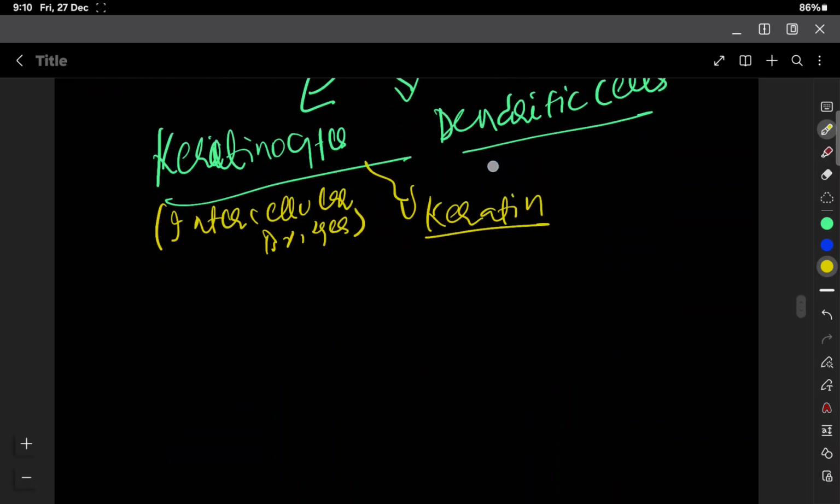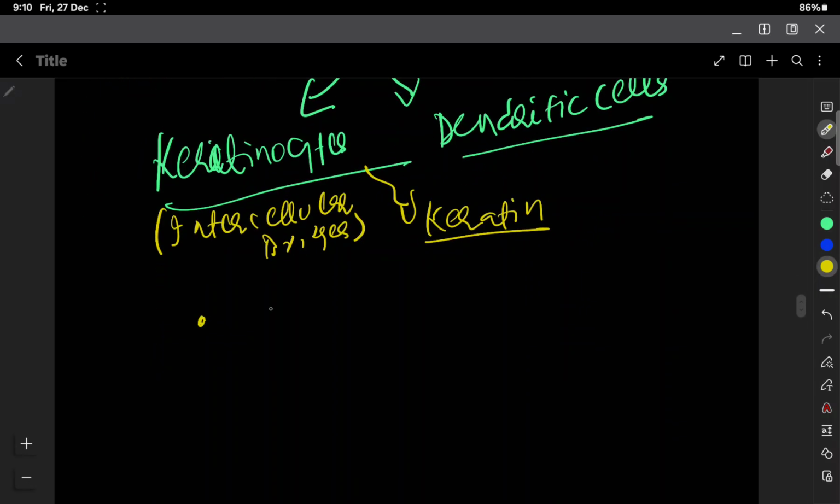Then there are other cells, which are called melanocytes. These are present in the basal area.